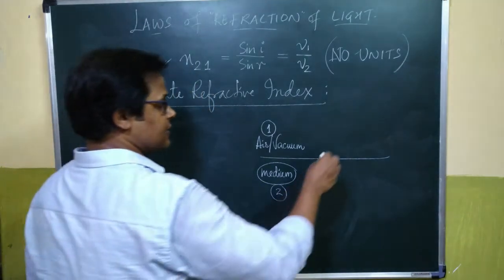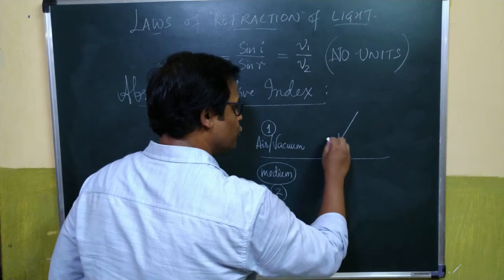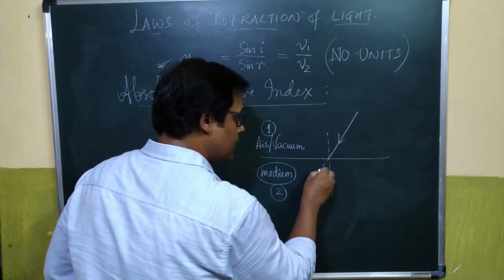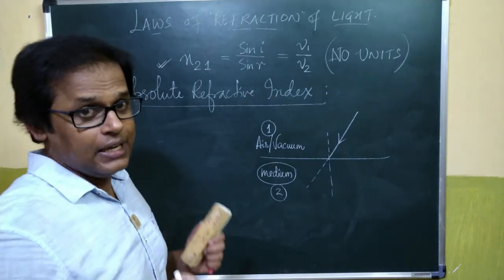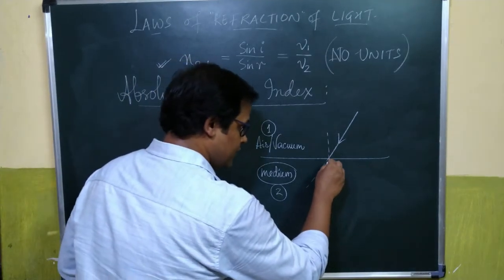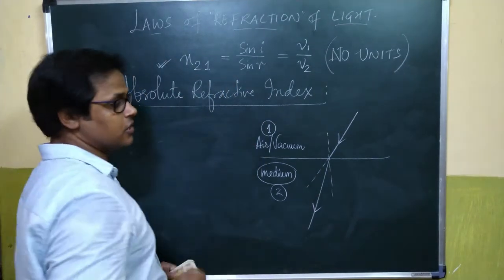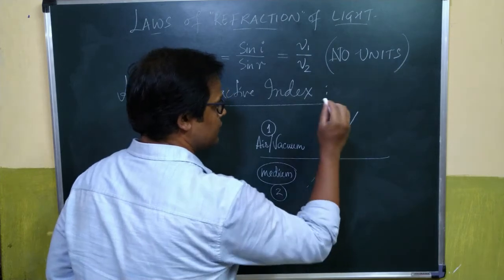In such a case, the ray of light traveling from air or vacuum and directly getting into the other transparent medium, definitely the other medium is going to be optically denser. So the speed of light in that medium is definitely going to decrease. So it will be shown as if it is bending towards the normal. This is your angle of refraction, this is your angle of incidence.